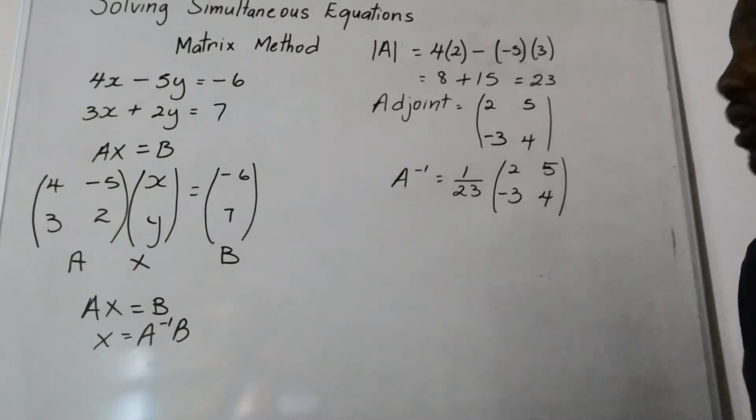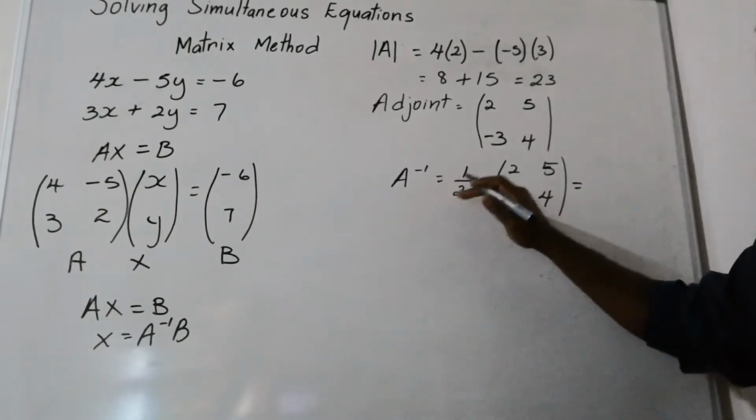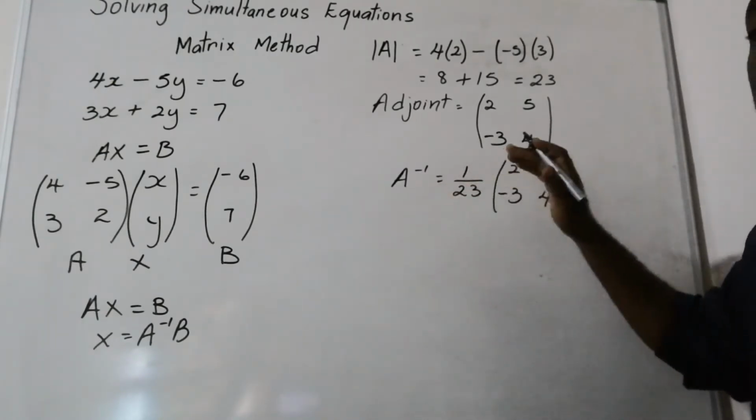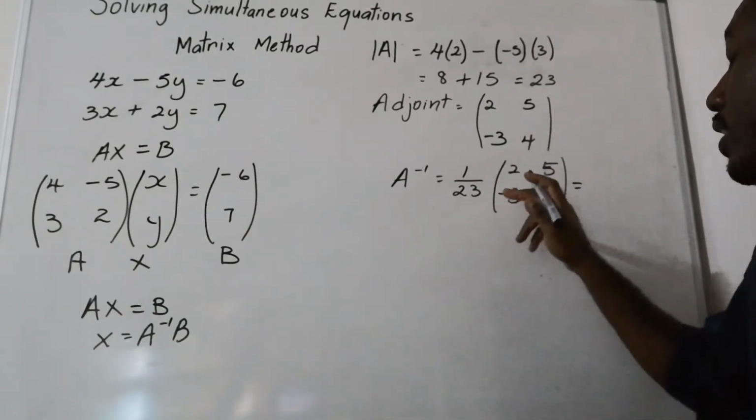Now, let's multiply. When we multiply, we multiply each number by 1 over the determinant.